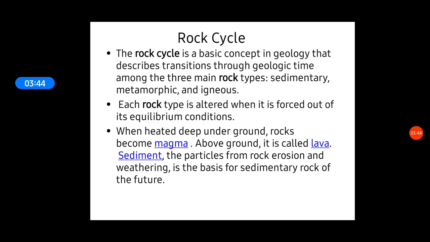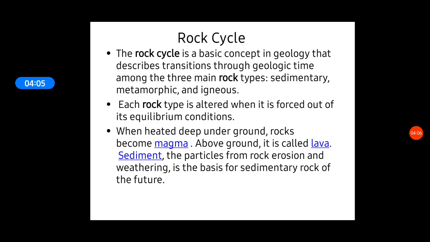Rock cycle is actually a process of how rocks are formed and how they change their form from one to the other. Like we read about metamorphic, they change their appearance, their types and their contents. So rock cycle is basically a procedure. Let us read about how it continues, what the outcomes are, and how it starts.